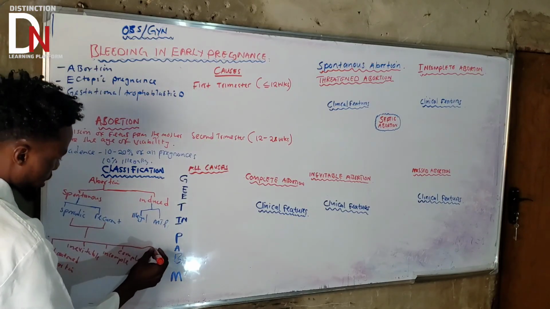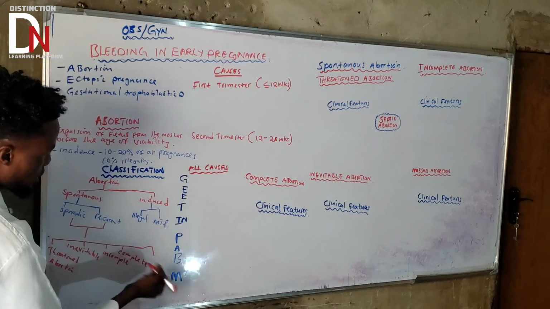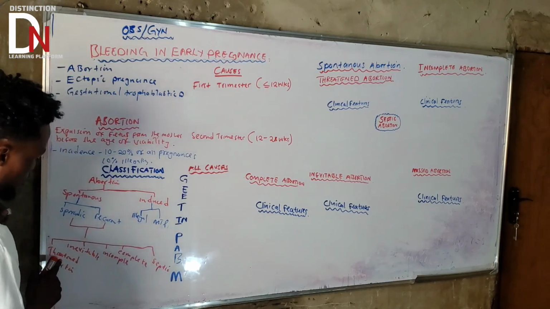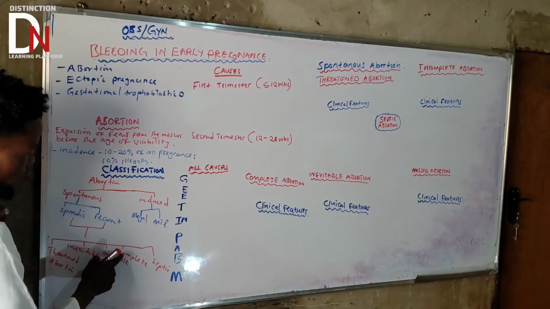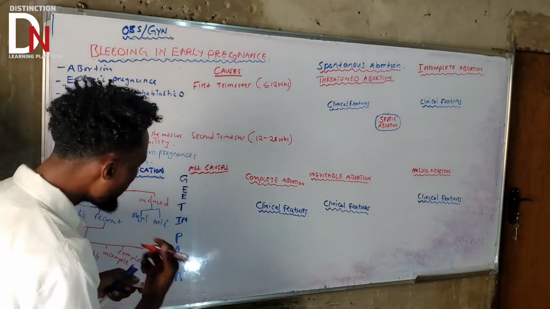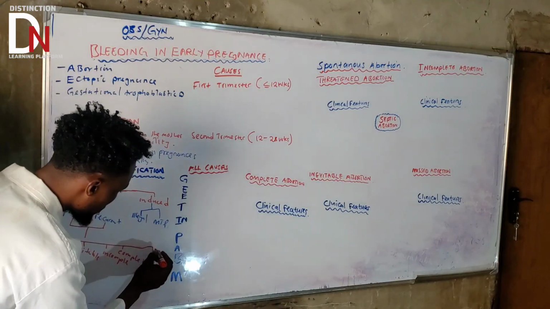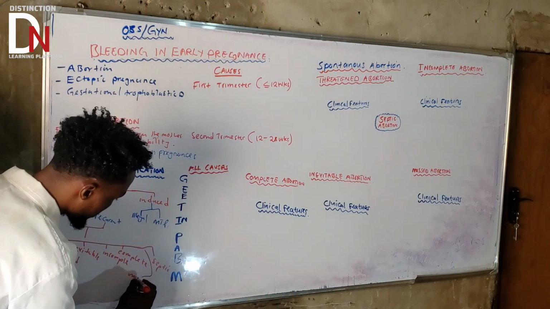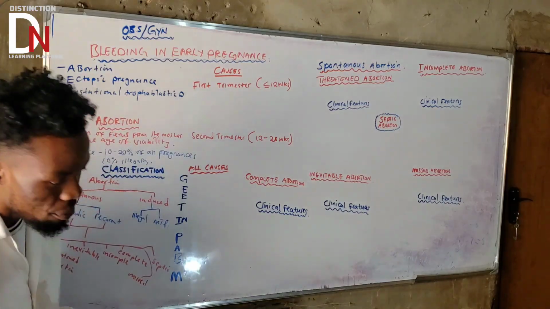Then after that, there will be septic, okay? Which is 1, 2, 3, 4, 5, and the last one should be missed, okay? The other one should be missed. So the last one should be missed type of abortion.